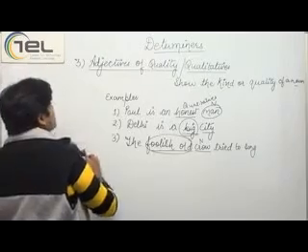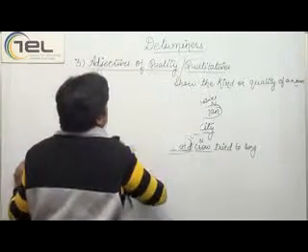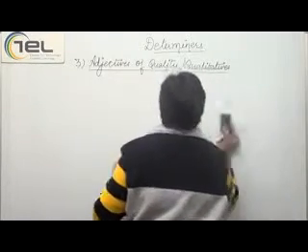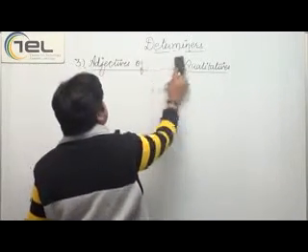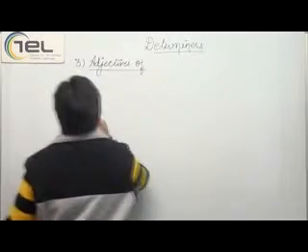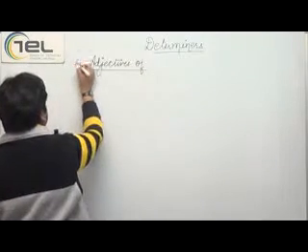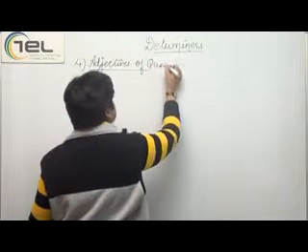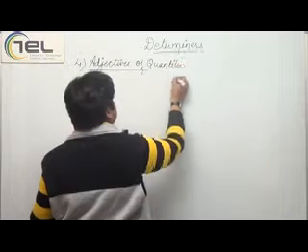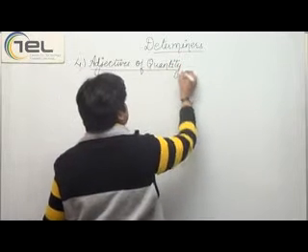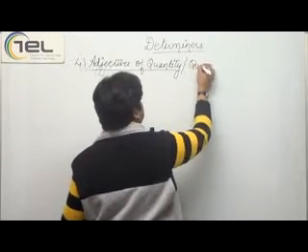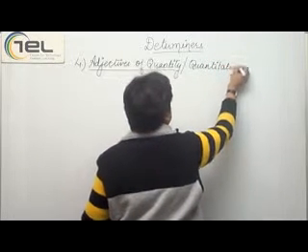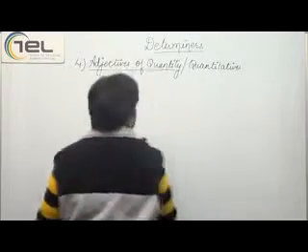So, let's come to another category, that is adjectives of quantity, or they are also called quantitatives. Right?